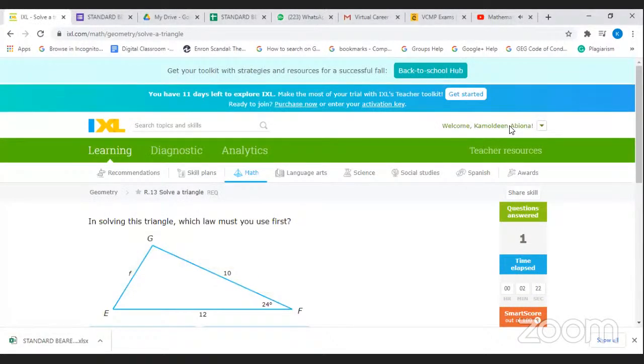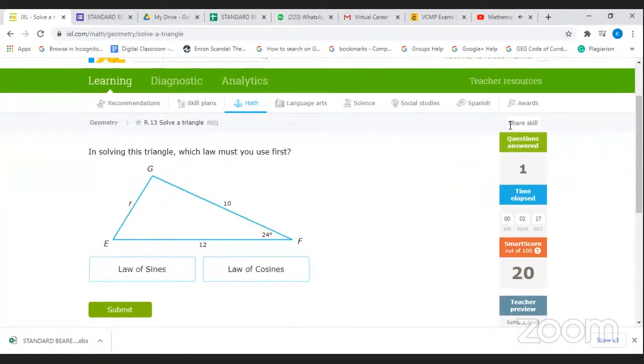So you can see that that is correct. So let's see. In solving this triangle, which law must you use? If you look at these two, you realize that we have been given still in the same form. This is the side that is opposite to E. We call it small e. The side that is opposite to G is this. We call it small g. So we have been given E, G, and big F. So it's still the same thing.